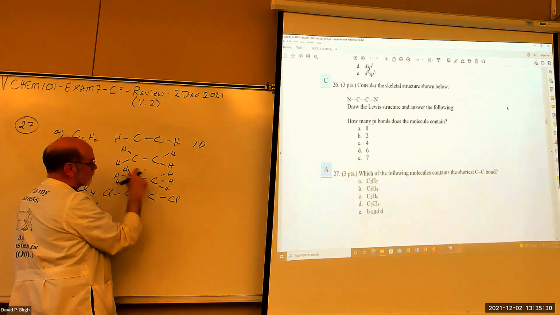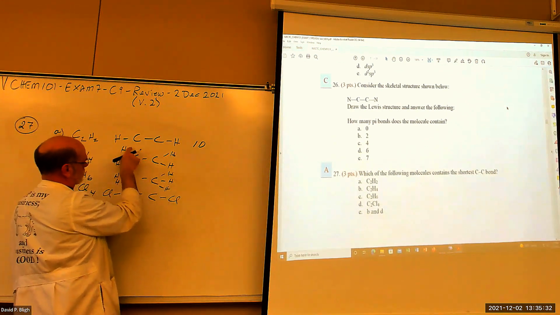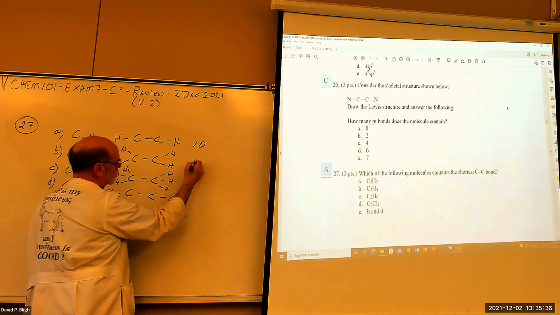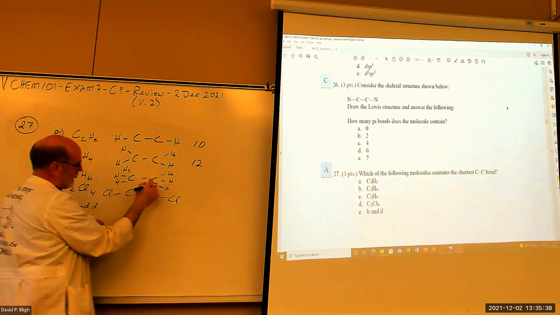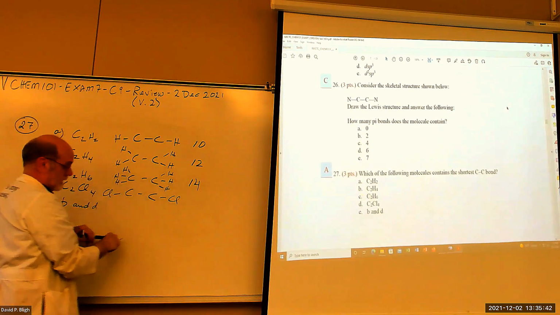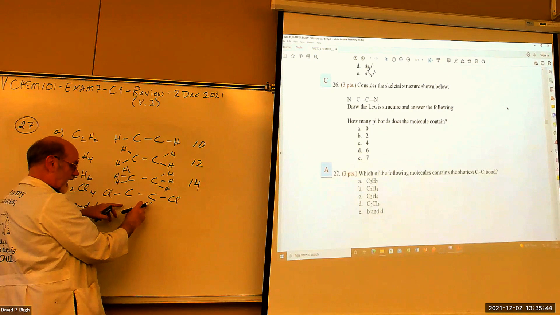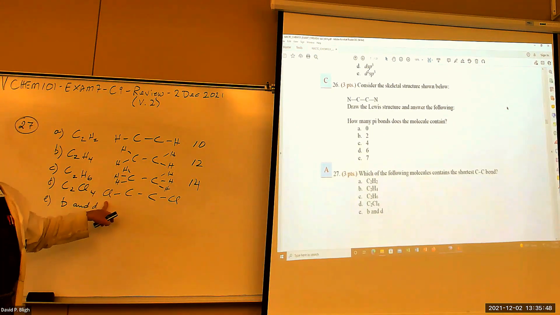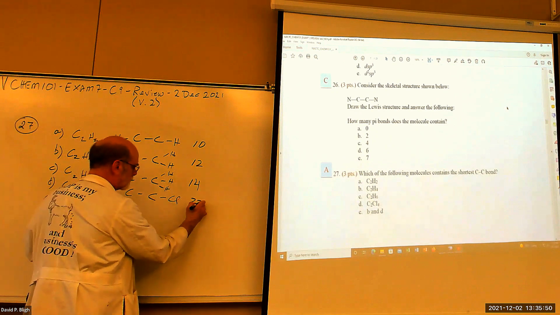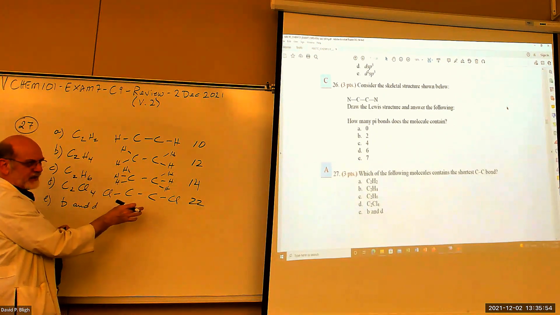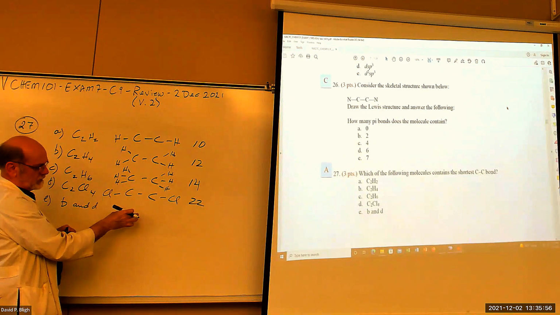And this one is 8 plus 4. Right? 1, 2, 3, 4. 8 plus 4 is 12. And then 8 plus 6 is 14. This one is 8 plus 7 is 14, 22. 7 and 7 is 14. 14 plus 8. Yeah, 22.